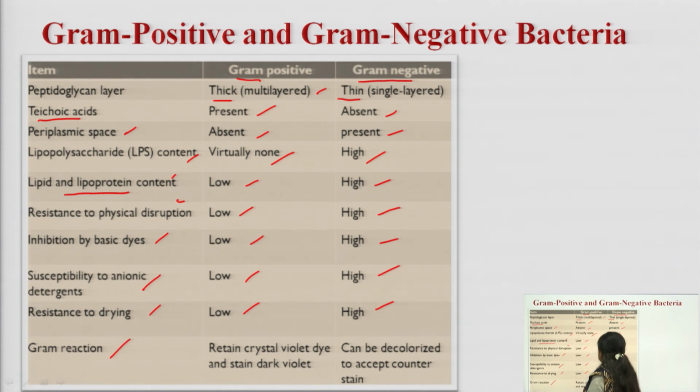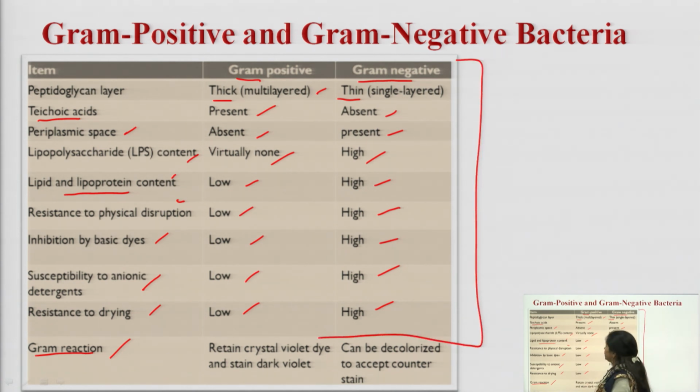Gram reaction is the main reaction which gave rise to the gram staining techniques, based on the variation in chemical compositions like the peptidoglycan layer, the lipidic content, and the lipopolysaccharide content. Based on these variations between gram positive and gram negative bacteria, staining reagents were discovered which can stain gram positive or gram negative bacteria.